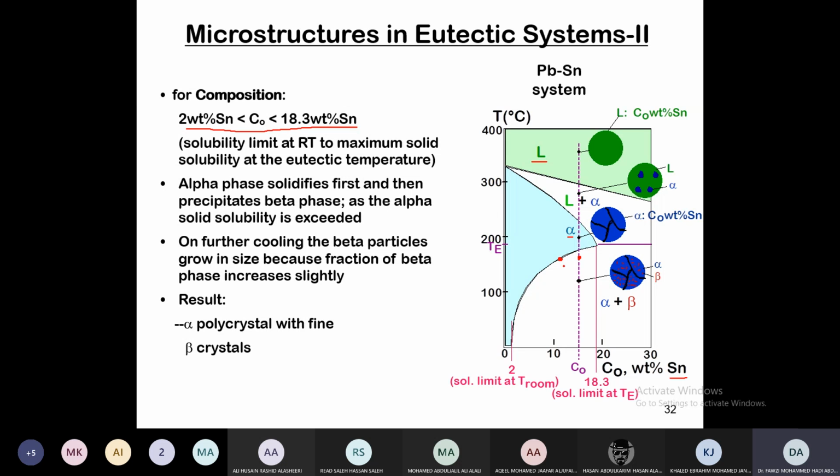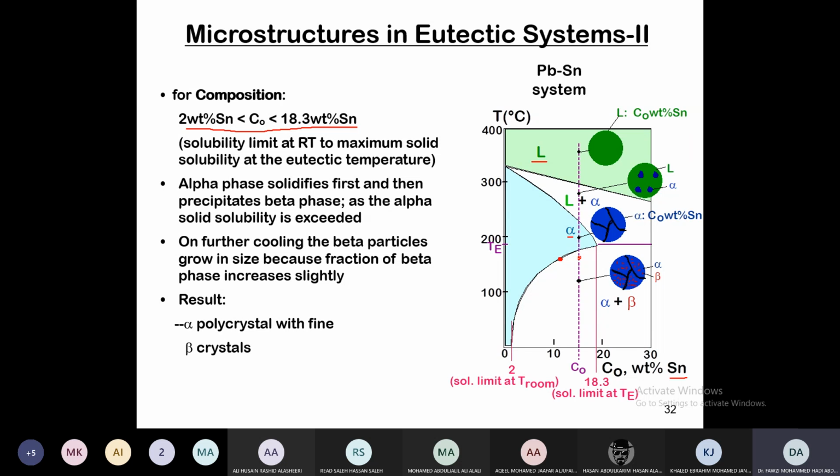So the material here cannot accommodate the amount of tin which is available in it. Just going below that solvus line, the amount of tin in the lead which was accommodated in this alpha solid solution can no longer be accommodated, because the solubility limit is less now.